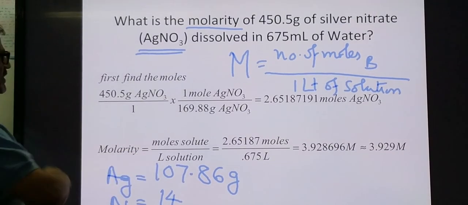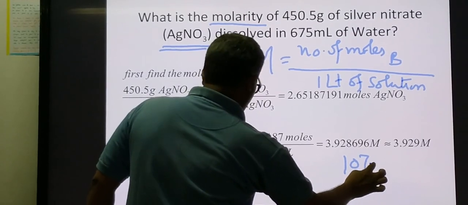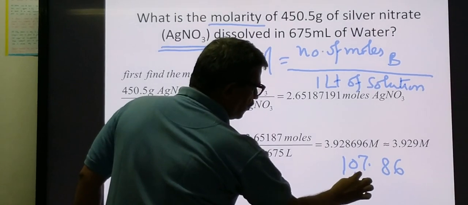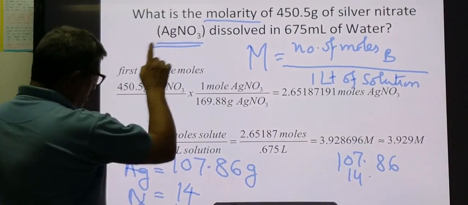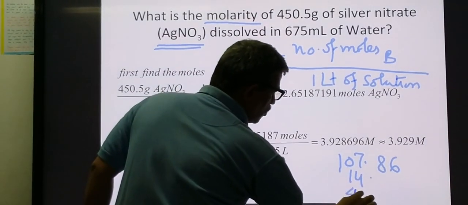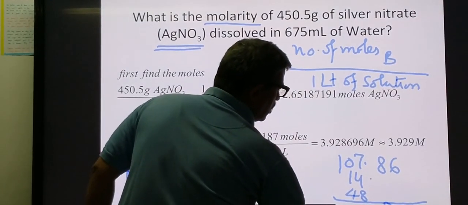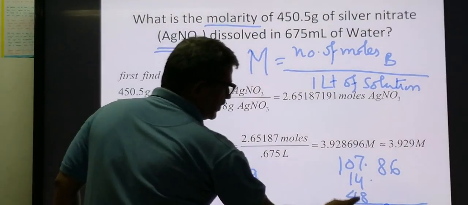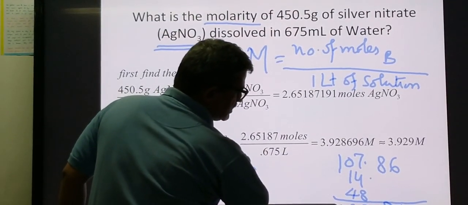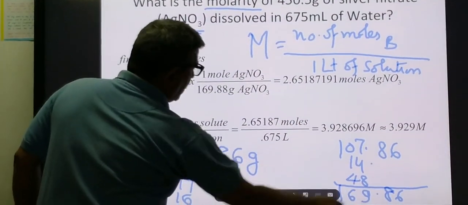So from these, let us calculate. 107.86, that is fine. Nitrogen is only 1 unit, so 14. Then oxygen is 3 units, 3 16s are 48. Total it up: 169.86.